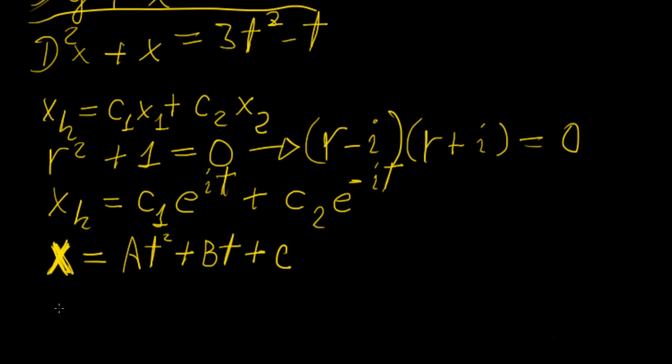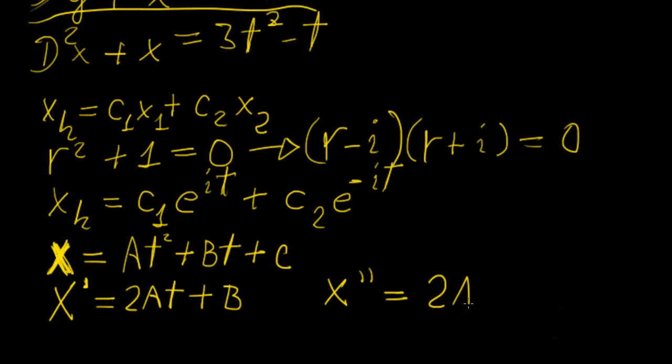So now we're going to have x prime equal to 2at plus b, and x double prime would be 2a. So now that we have this, we can plug this back into the original equation here and then solve for those coefficients.